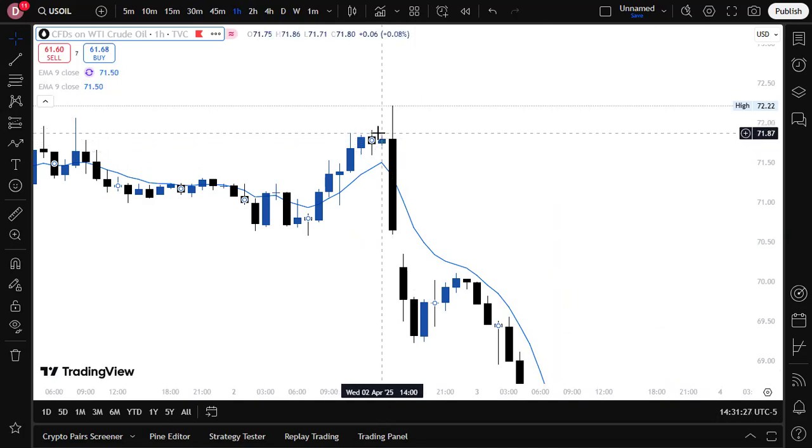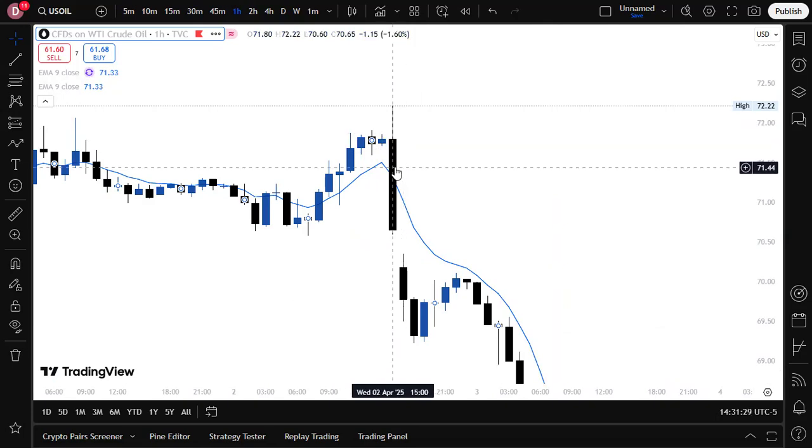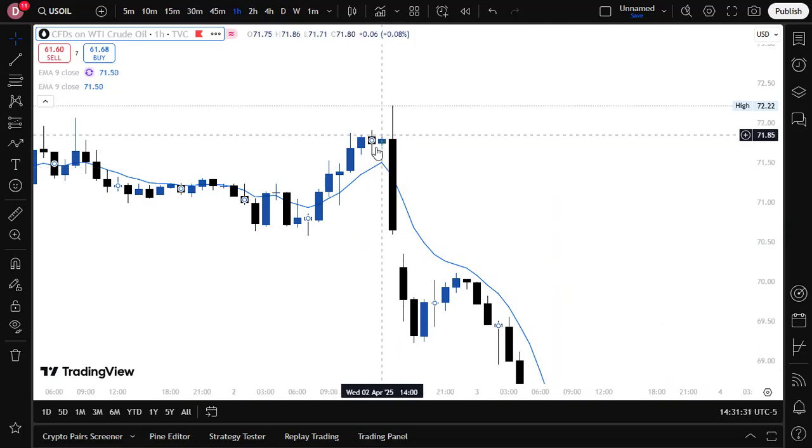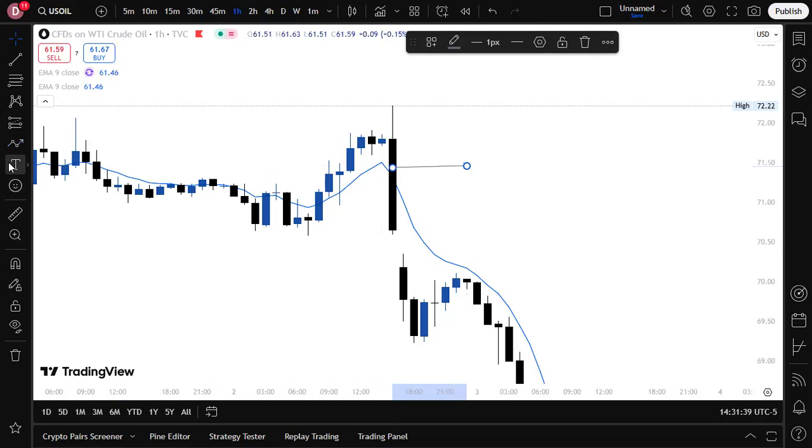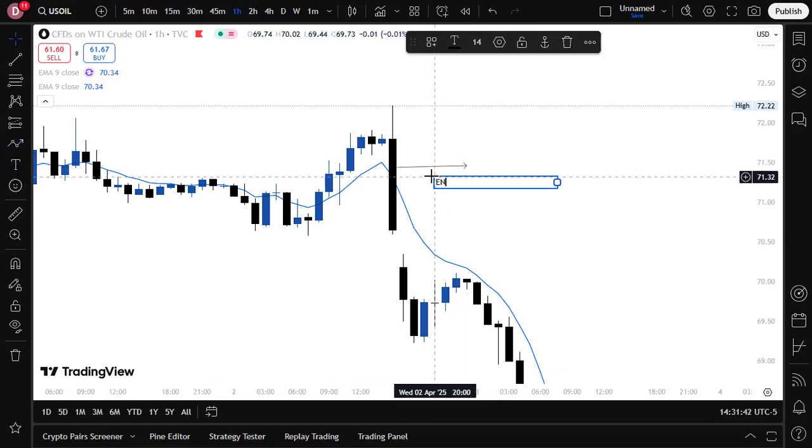So this is the red candlestick which engulfed this small green candlestick. This is now called an engulfing candlestick. That's a bearish engulfing candle.